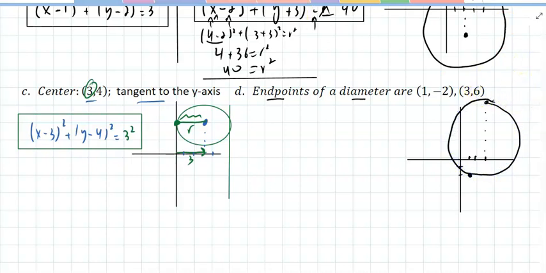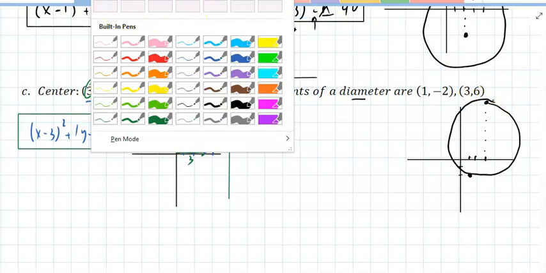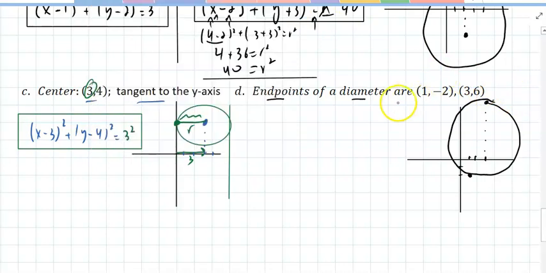What a diameter is, that's a very special line. A diameter is a line that passes through the center of the circle.